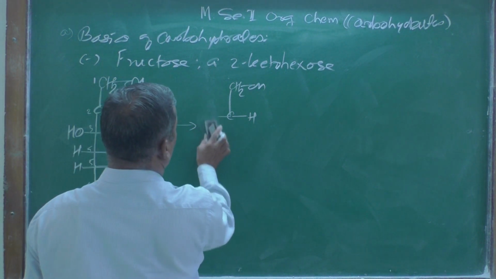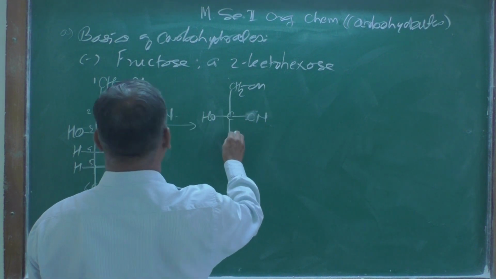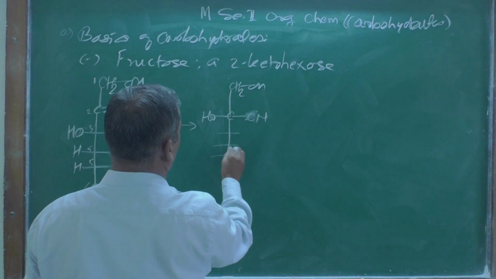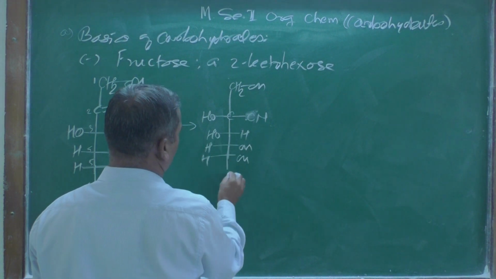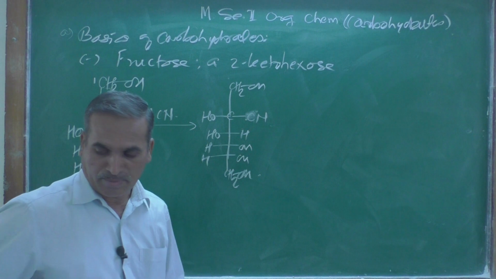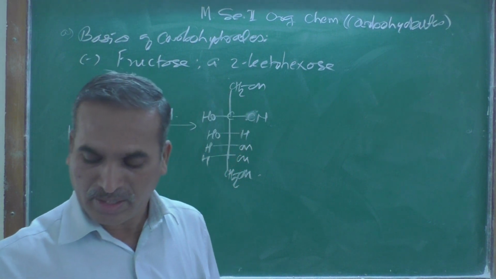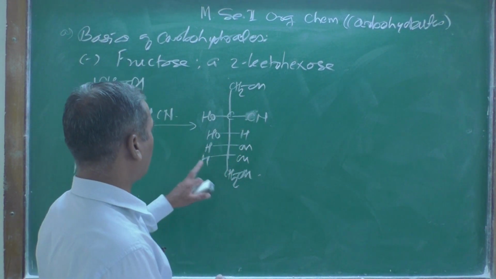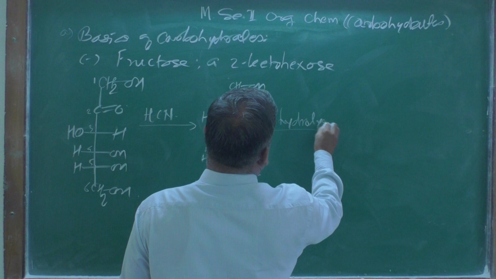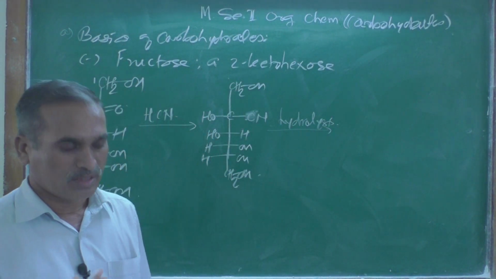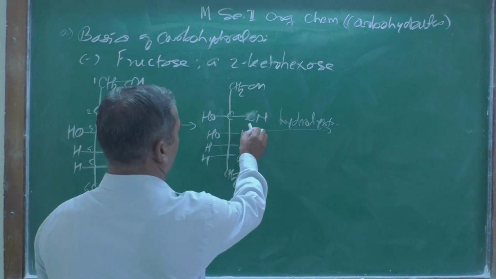The rest of the groups remain as they are: OH, HO, H and H, and this one is CH2OH. After hydrolysis, the cyanide group easily hydrolyzes and gives the carboxylic group over there, this one.